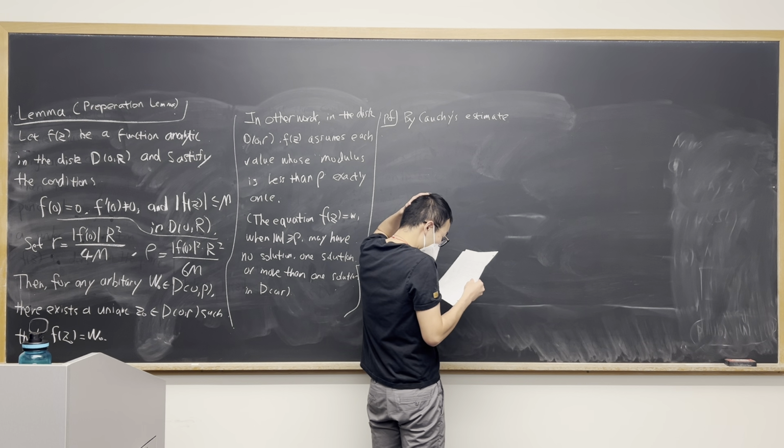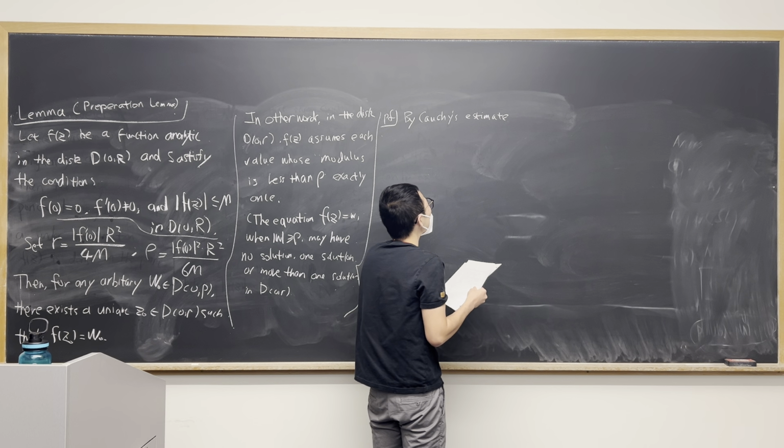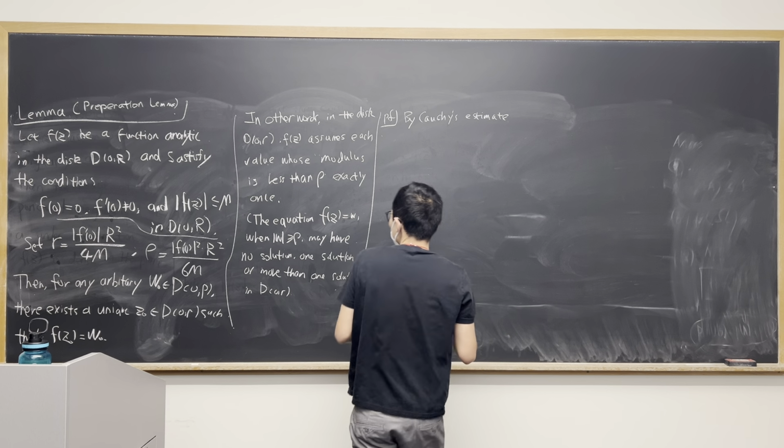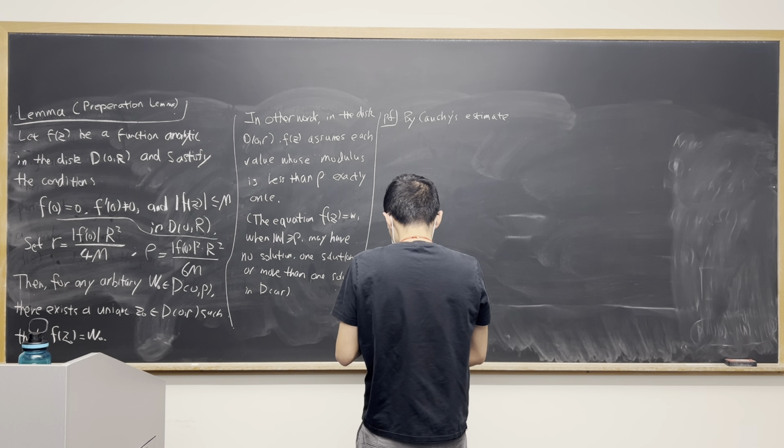So you have a domain that is bounded, and then there is some restriction on the image.